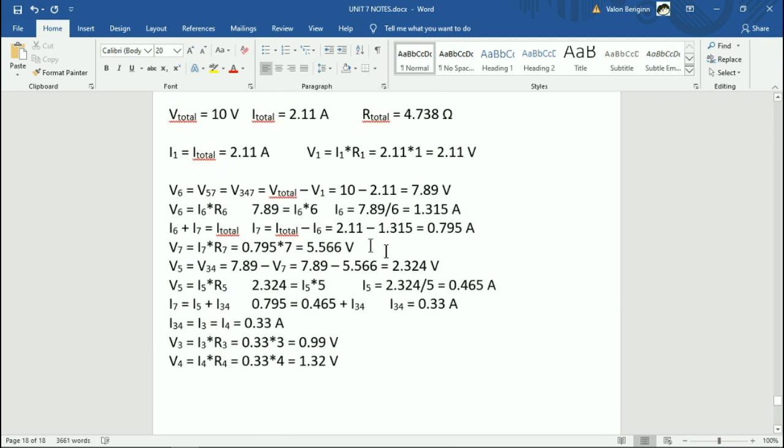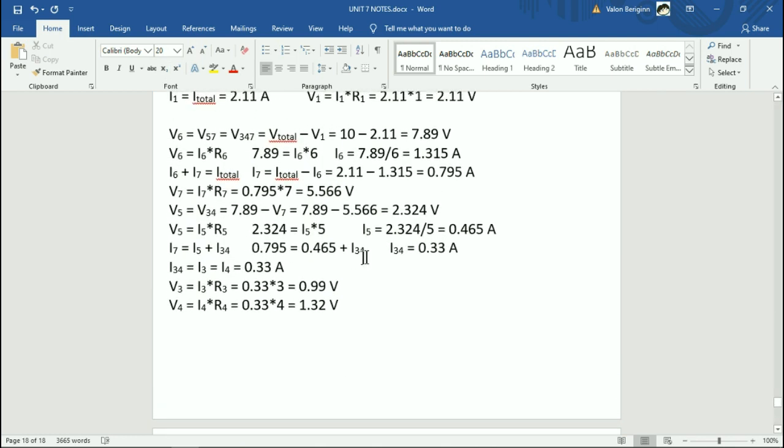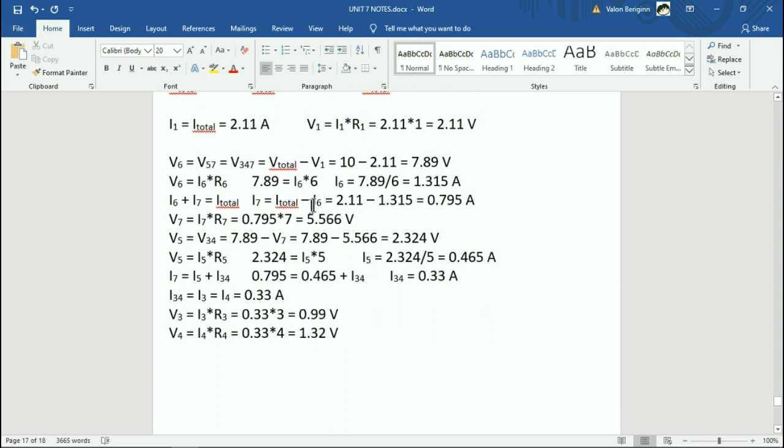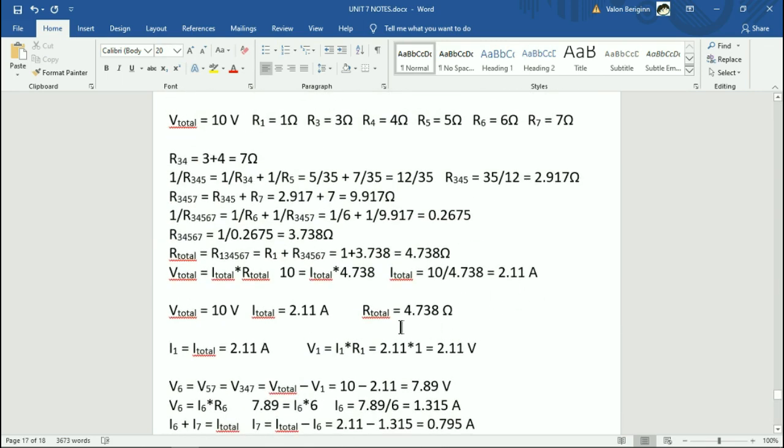I6 equals 1.315. I7 equals, where is I7? I7, 0.795. And then I total was 2.11. Okay, and then also lastly we had R total, which I got at the very beginning, which was 4.738.